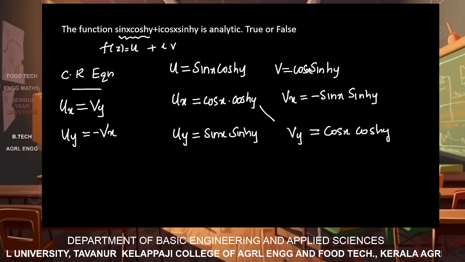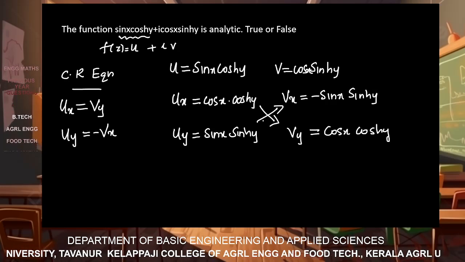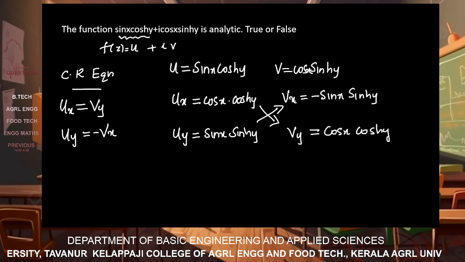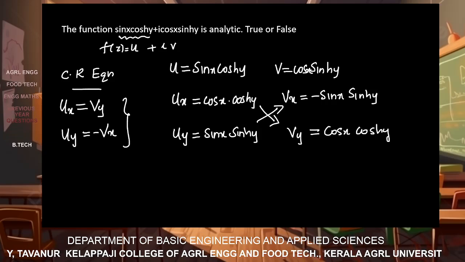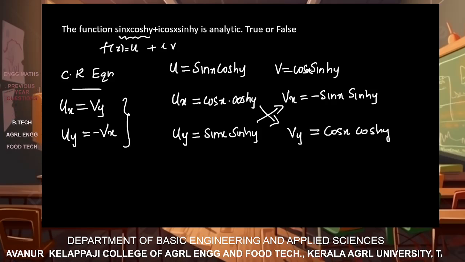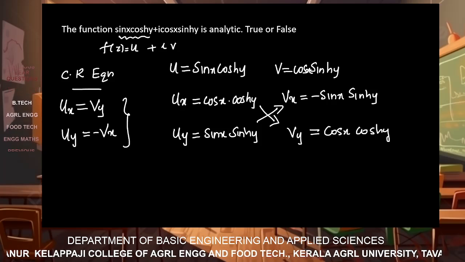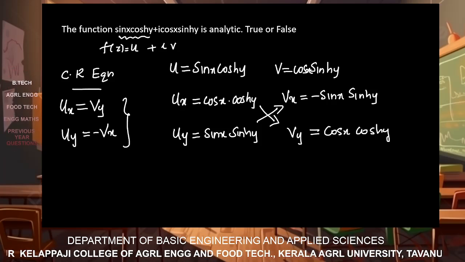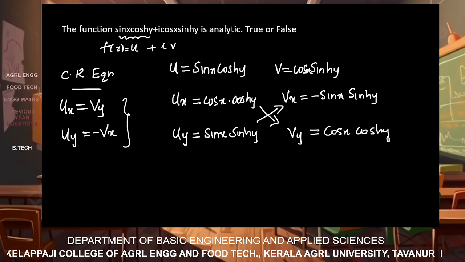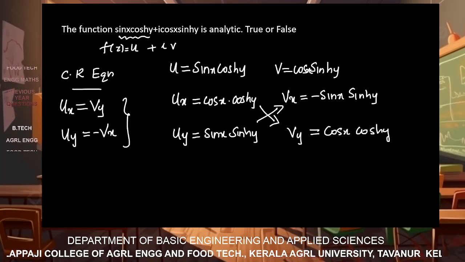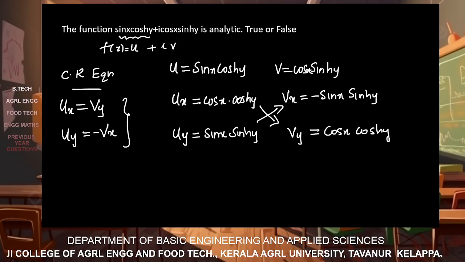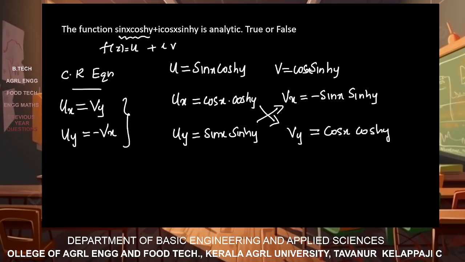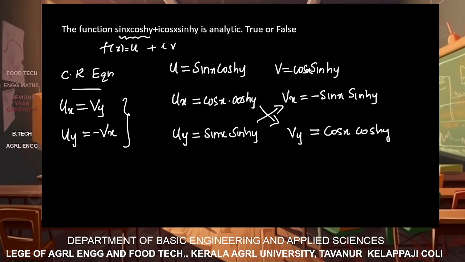Now you can see that ux and vy are equal, and uy and vx are negatives of one another. So the CR equation is satisfied. Also note that the derivatives contain only trigonometric and hyperbolic trigonometric functions, which are all continuous. Since the CR equation is satisfied and the derivatives are continuous, we can conclude that the function is analytic.